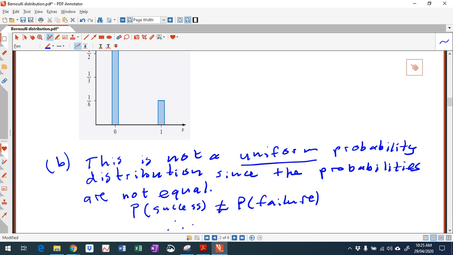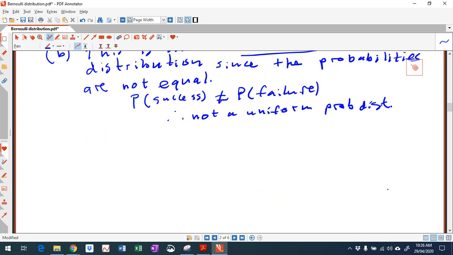Therefore, not a uniform probability distribution. Okay. All right, let's have a look at the next part.